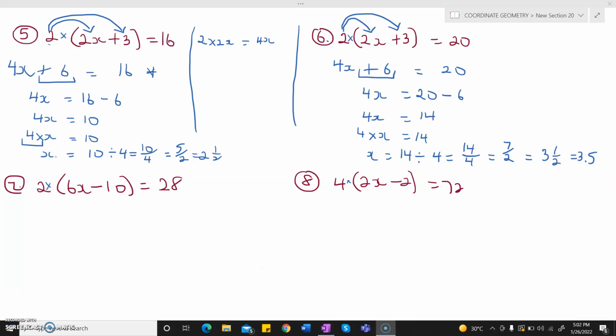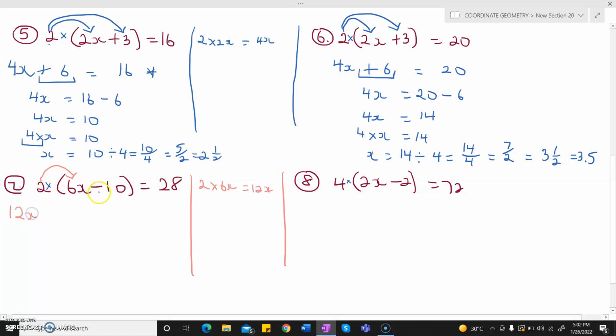Now let's look at the last two. For the last two, we're going to expand brackets. So 2 times 6x. I'll do it at the side here. 2 times 6 is 12, and you just put back the x. So 2 times 6x is 12x. But your takeaway sign stays a takeaway sign. 2 times 10 is 20, is equal to 28.